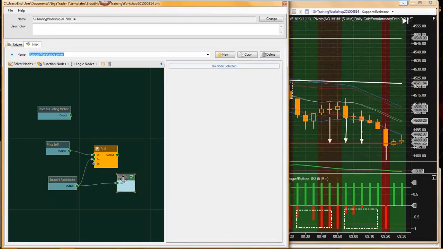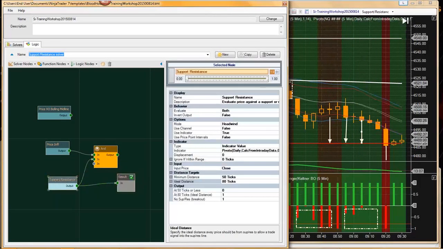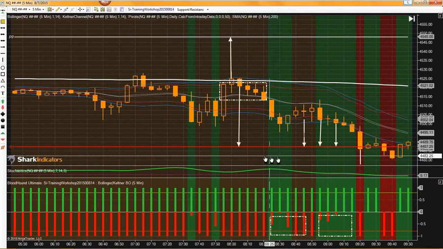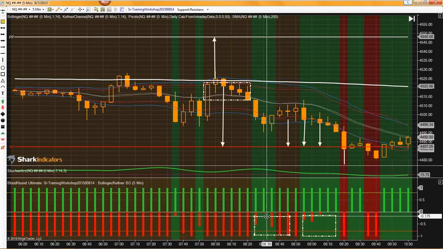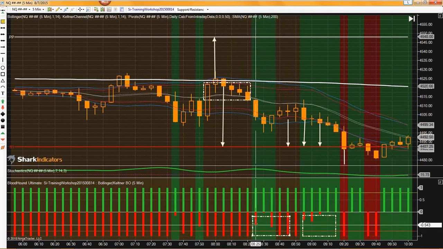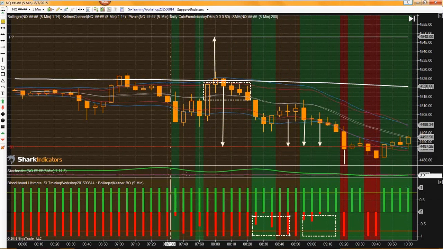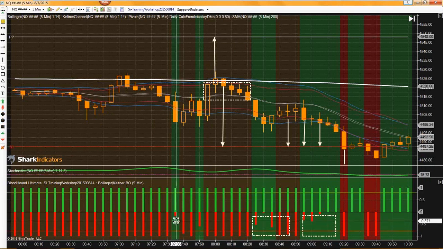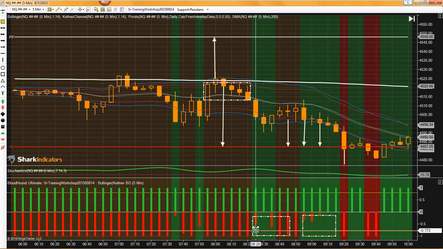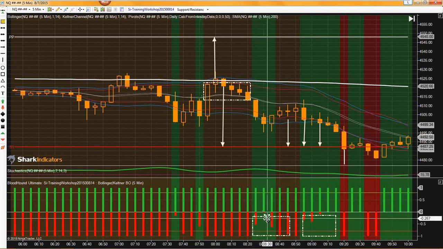So let's connect up our support resistance solver. Now if you look at the output, you can see the short output on some of these bars is varying, so we're using BloodHound's fuzzy logic part of it.